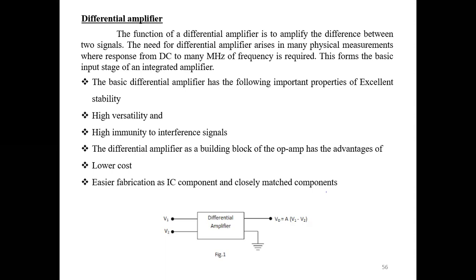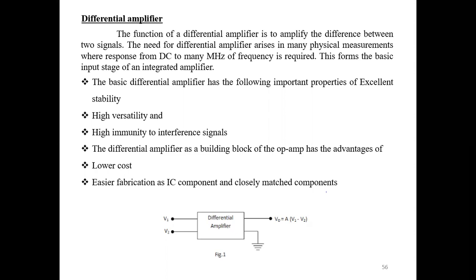The basic differential amplifier has important properties of excellent stability, high versatility, and high immunity to interference signals. As a building block of the op-amp, it has the advantages of lower cost, easier fabrication as an IC component, and closely matched components.